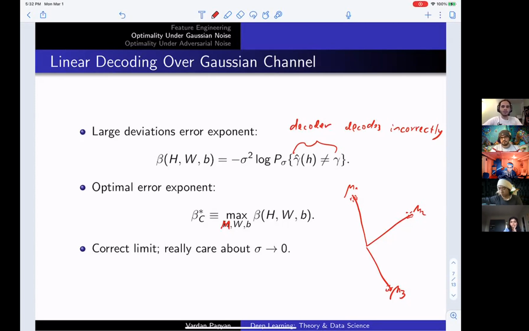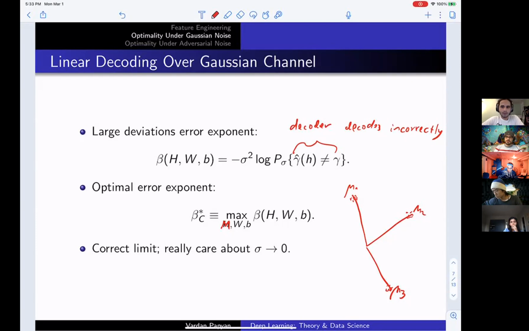In information theory, there is an approach called achievability, and they propose some coding methods that we can achieve this optimal error exponent. Is there any similar technique in this framework that systematically achieves this optimal error exponent here?